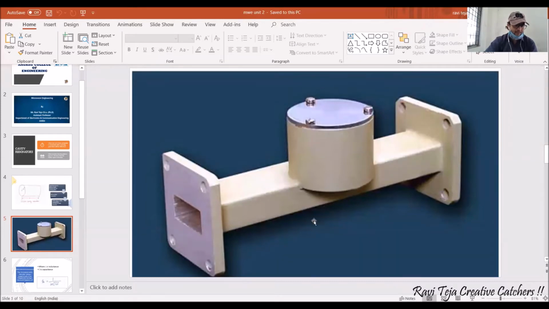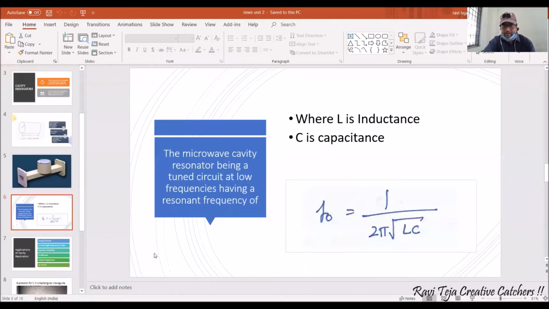Now, for every generator there is some calculation or formula given. Our microwave cavity resonator can also be called a tuned circuit at low frequency, and it can be given a resonant frequency of f naught equal to 1 by 2 pi square root of LC.